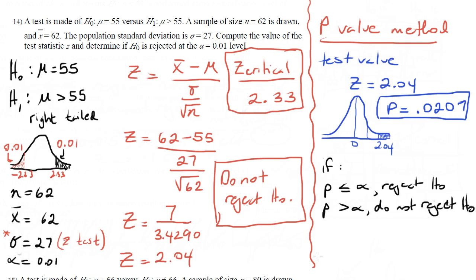That's the analysis. So I'm checking 0.0207 against my alpha value, which is 0.01, which is larger. 2 is larger than 1. So my p-value is greater than my alpha, so do not reject the null hypothesis.